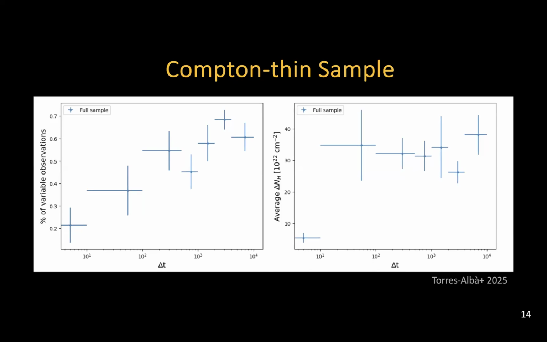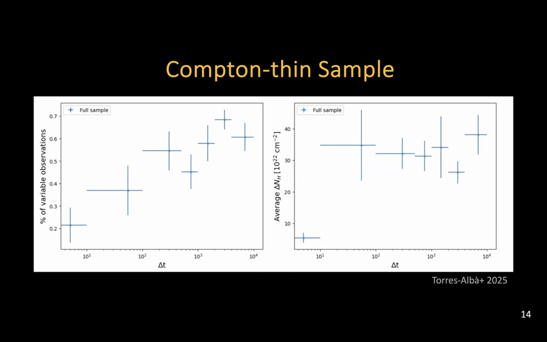So this is telling you something about the structure and the distribution of the material within the torus, because not just any random structure and distribution of clouds is going to be able to reproduce this. For example, if all obscuration variability was coming from broad line region clouds, which have a crossing time that's shorter than a day, this should be flat instead of increasing. So there is information given here, right?